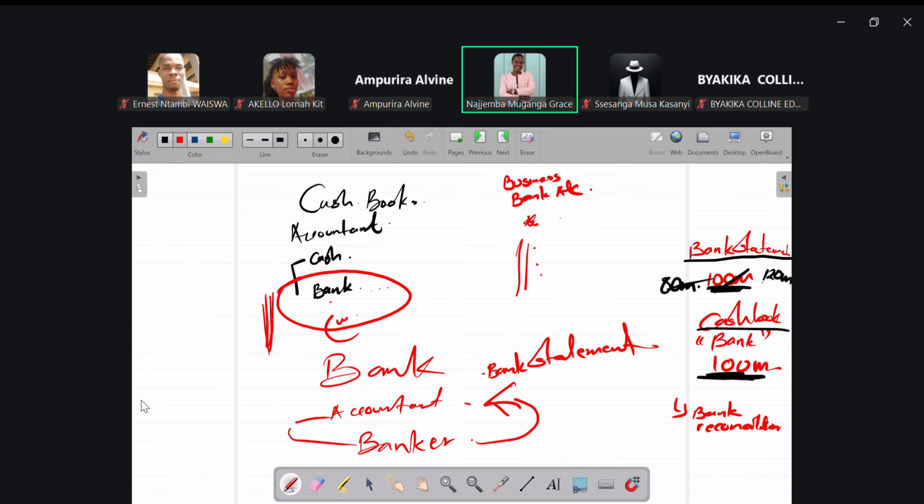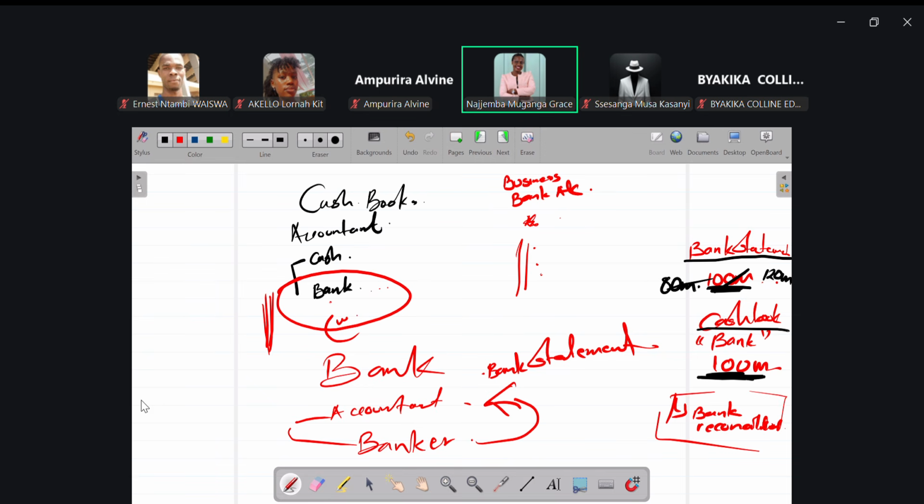You're reconciling the balances. The bank statement reads 120 million. The accountant says there is only 100 million. You're now going to investigate what went wrong, who made an error, how do we reconcile and ensure that we are at par. That is what we call a bank reconciliation.